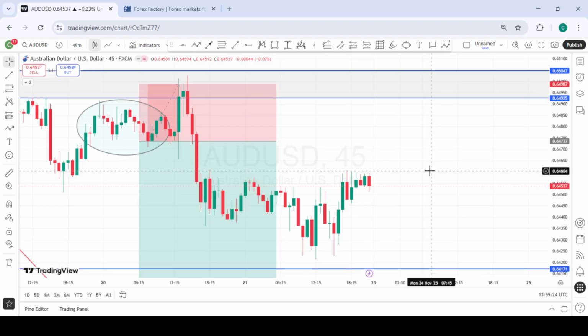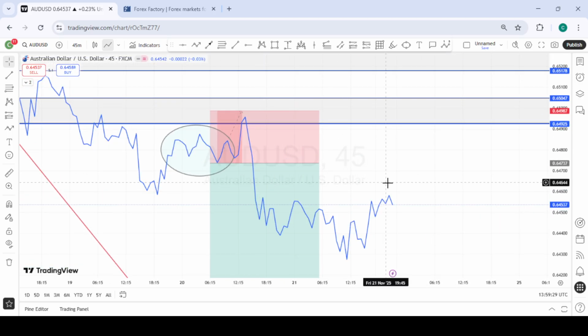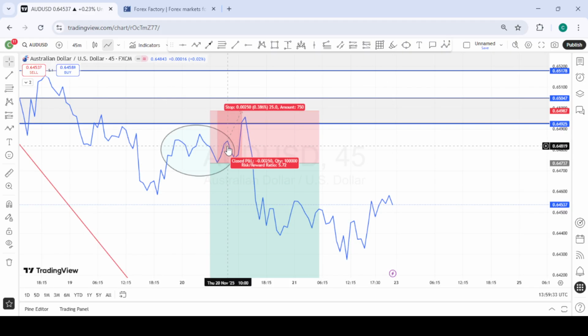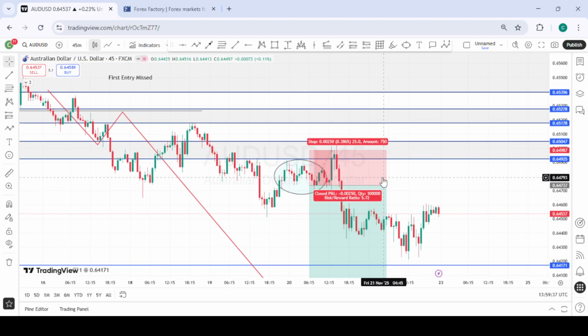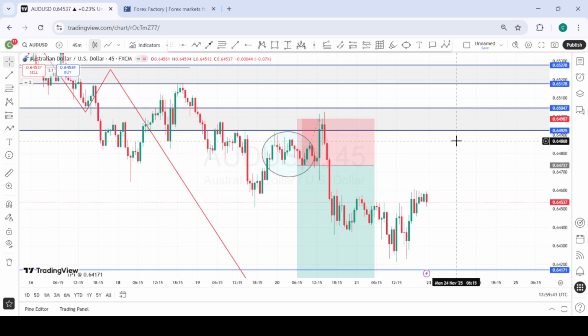This was what happened. So just before NFP, on the 45 minutes time frame, you can see a possible left shoulder, head and right shoulder formation. And then before this formation started, we actually identified this area of interest, which we were anticipating that price was going to make its way into first and give us some reversal patterns to sell.